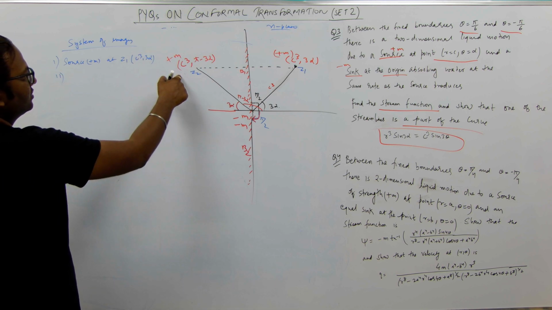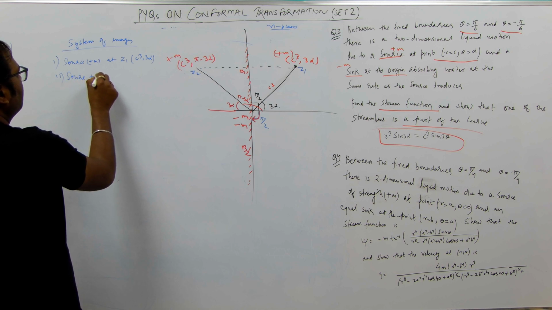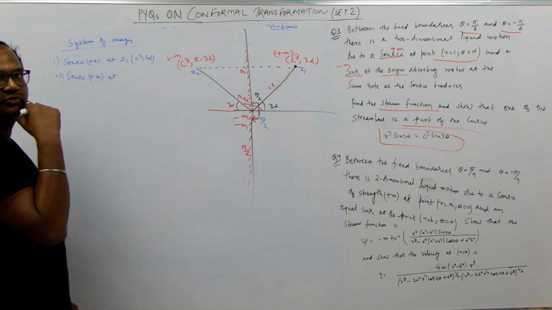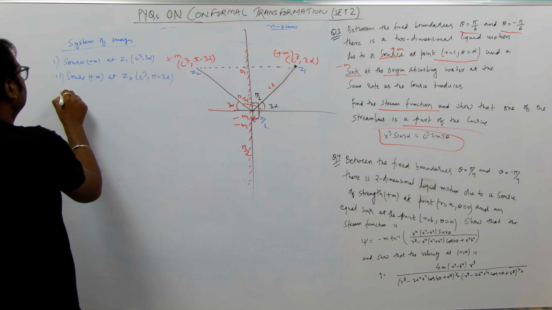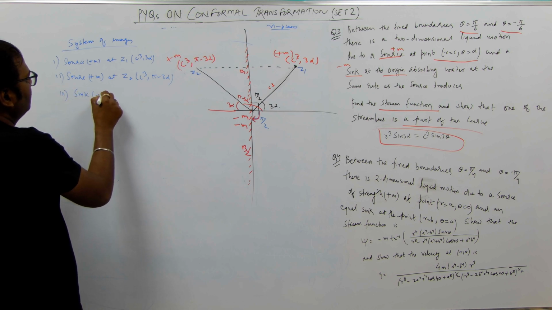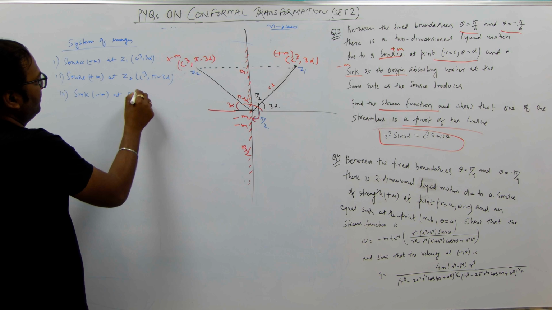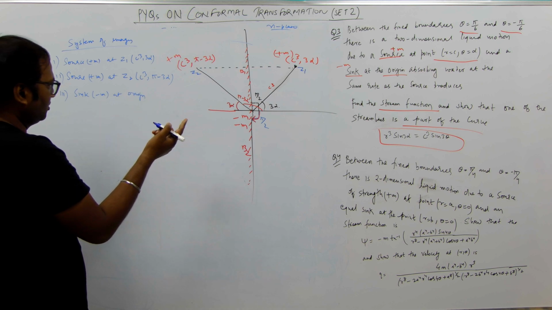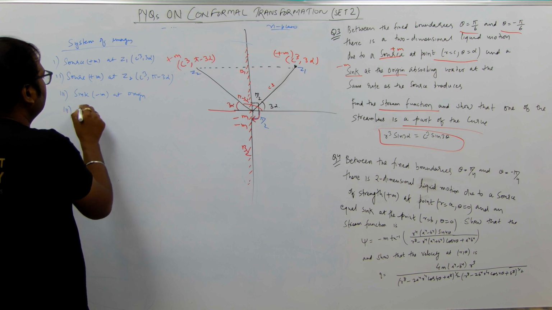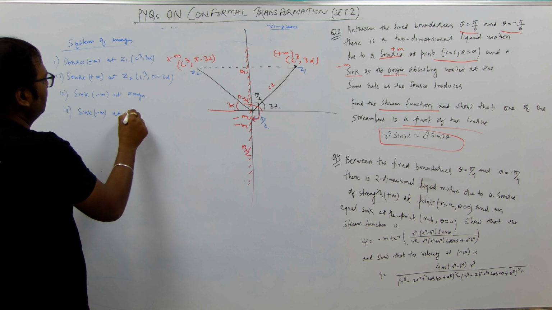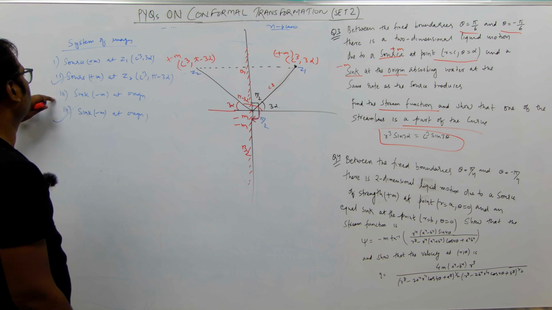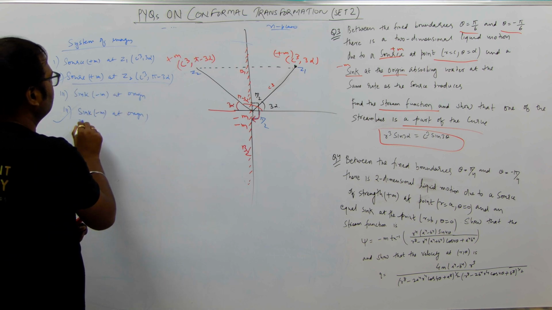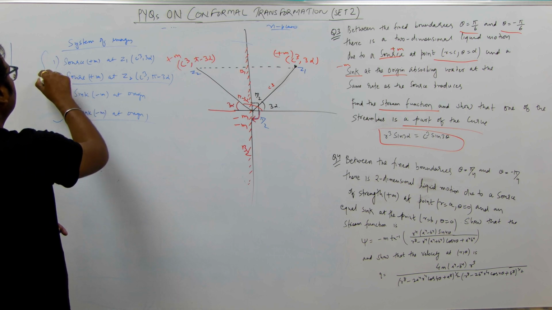Second, source plus m at Z2, c cube and pi minus 3 alpha. And third, sink minus m at origin. This was as per the original condition. And its image, the image of this will also come at the same place, sink minus m at origin. So this is the image and this is the image. These were our original points, and after removal of the boundary this is an image and this is also an image. So this is our equivalent image system.